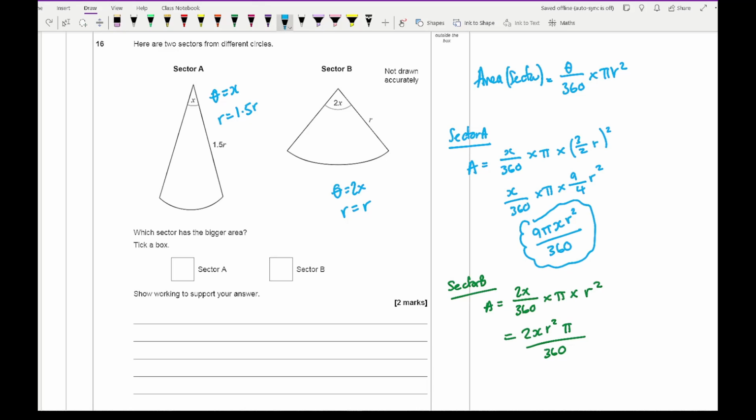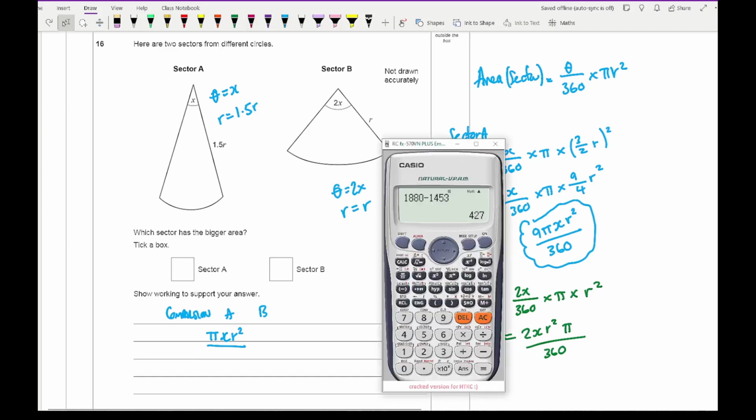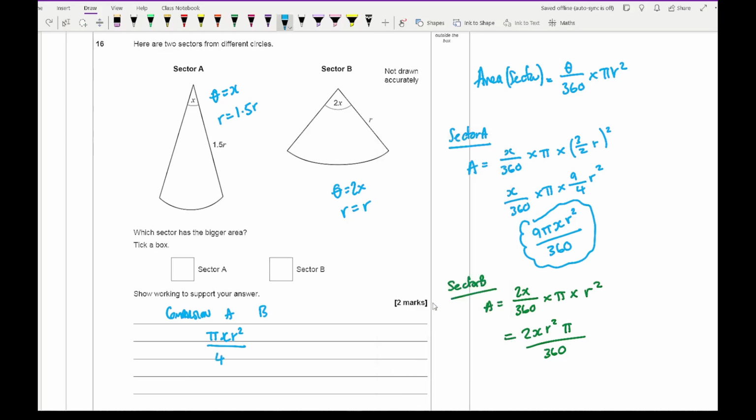In terms of comparison, I've got A and B. A, if I simplify that, 9 goes into 360 forty times, so it's going to be pi x r squared over 40. Let me double check that: 9 over 360 is the same as 1 over 40, so that was correct.